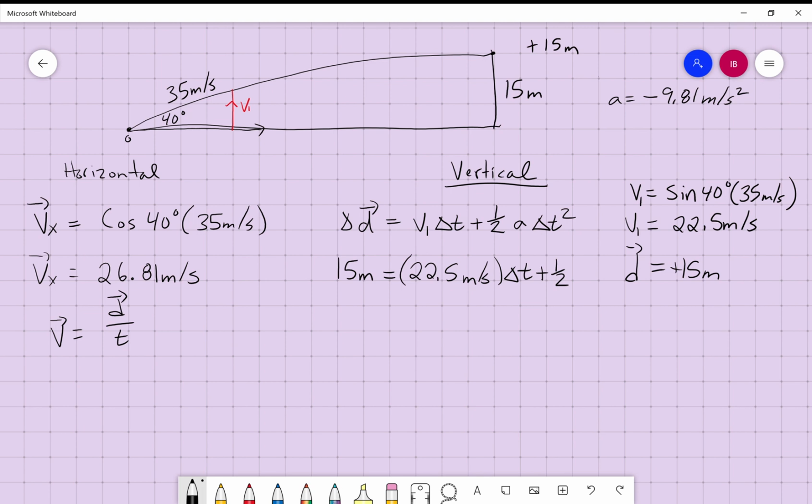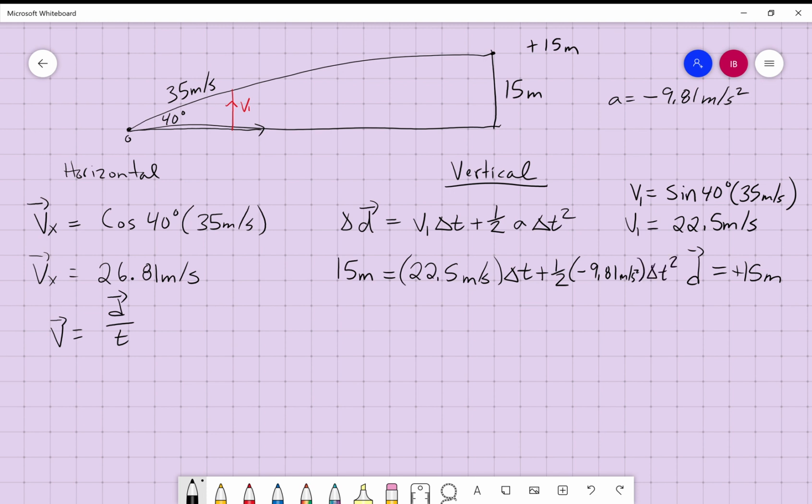I'm running out of room a little bit, let's move that over. 1/2 our acceleration, being our lovely gravity, negative 9.81 meters per second squared, delta t squared.